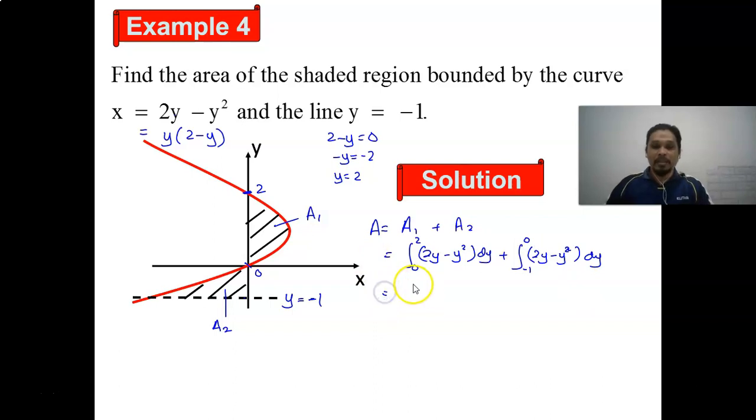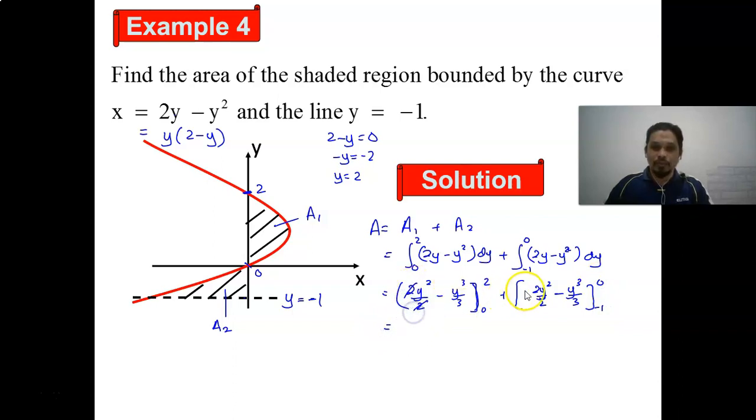Okay, so then here now 2y square divided by 2 minus y cube divided by 3, from 0 until 2, plus 2y square divided by 2 minus y cube divided by 3 from negative 1 until 0.